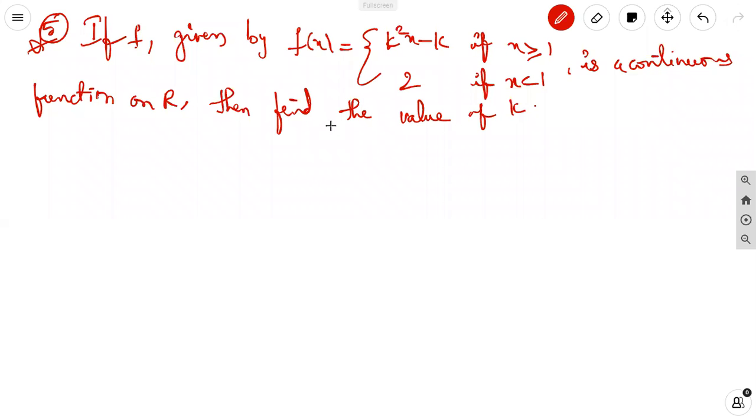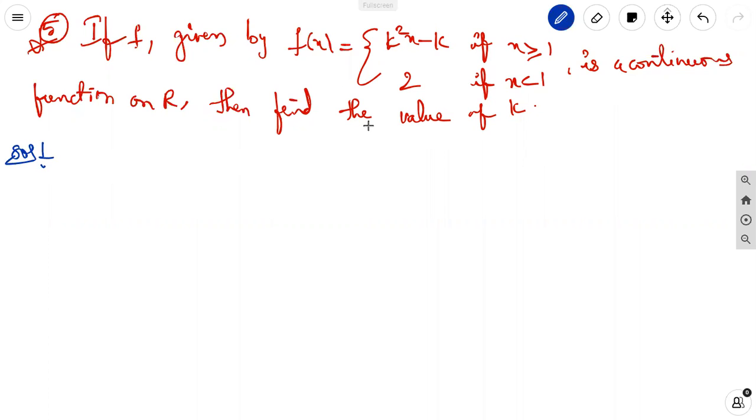The next problem: if f is given by f of x equal to k square x minus k if x is greater than or equal to 1, and 2 is a constant if x is less than 1, is a continuous function on R, then find the value of k. See here, they have given the condition that it is continuous.